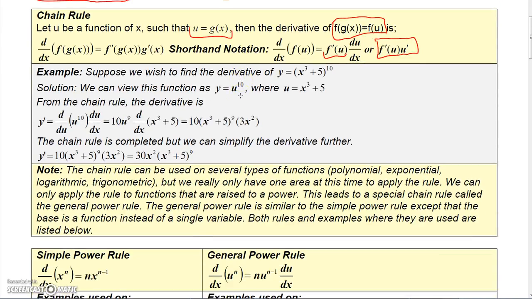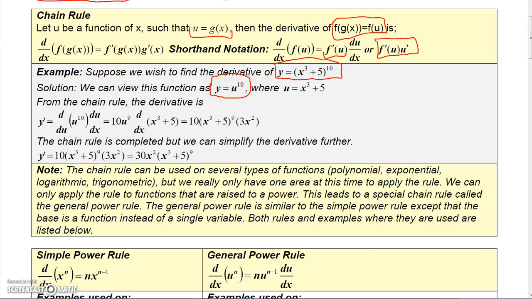Now, let me try to explain this to you using the chain rule, then I'll go to the general power rule. So, let's say we had the function x cubed plus 5 raised to the 10th. Well, this is actually a composition of two functions. For one, you can say it's a composition of a function that raises another function to the power 10.